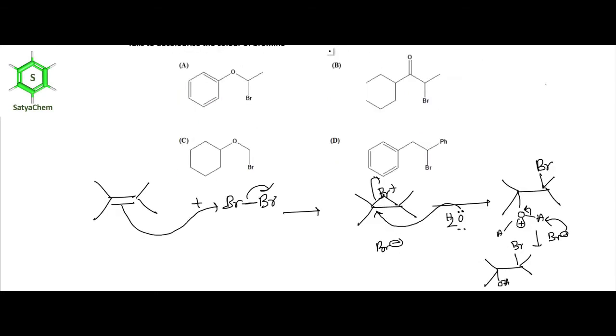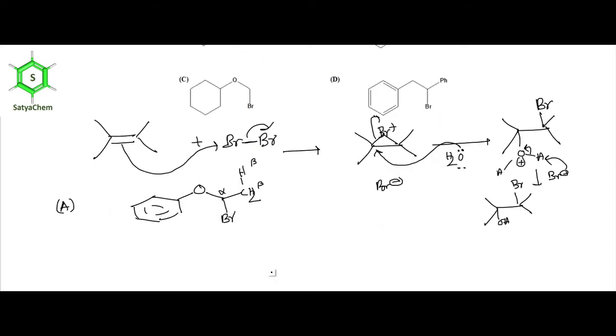So first I am starting with option A. This is the alpha carbon, this is the beta carbon, and this is a beta hydrogen.